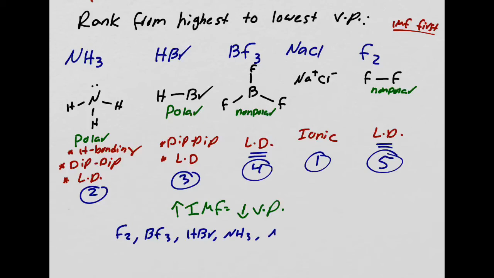And then it's going to be my NaCl. So this is from the highest vapor pressure to the lowest vapor pressure, because vapor pressure is the opposite of IMF. The highest IMF has the lowest vapor pressure, and the lowest IMF would have the higher vapor pressure.